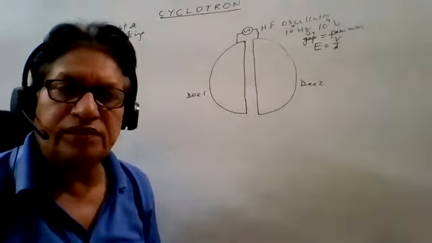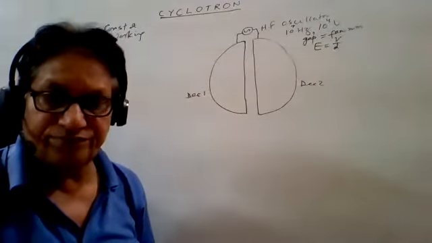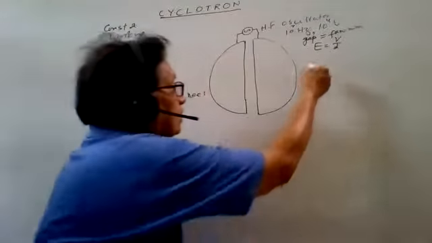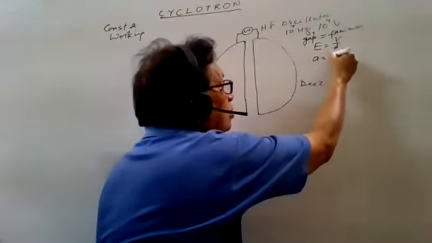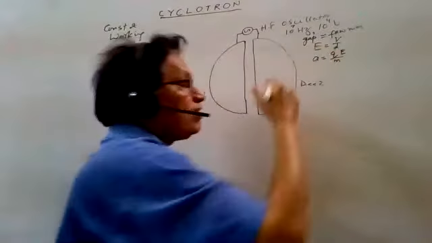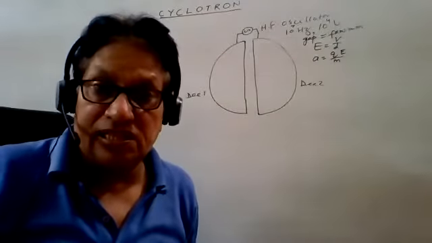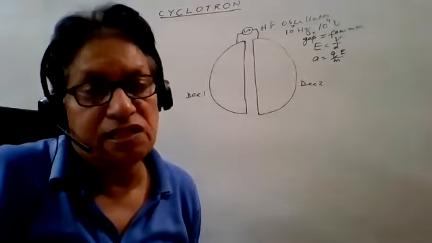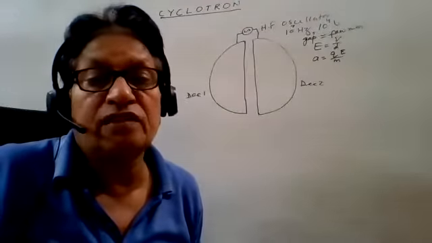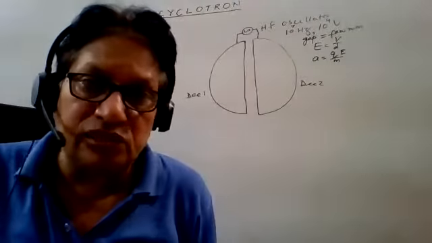Why do we want the electrical field so high? Because of the force acting on the charge through E, and the acceleration is simply force divided by mass. If the electrical field is so high, acceleration is so high, speed increases like anything and kinetic energy increases. We still require very high energy so that it can penetrate even the nucleus.